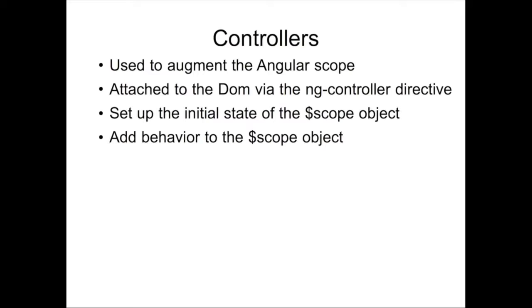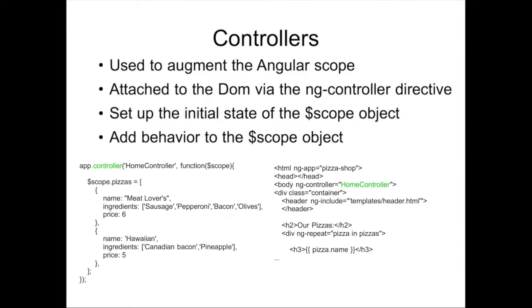So now we're back to controllers. Controllers are used to augment the Angular scope. They're attached to the DOM via the ng-controller directive, but not only the ng-controller directive. They set up the initial state of the scope object, and they add behavior to the scope object. So here's another example. This is your Angular app.